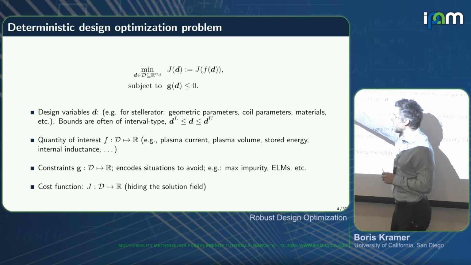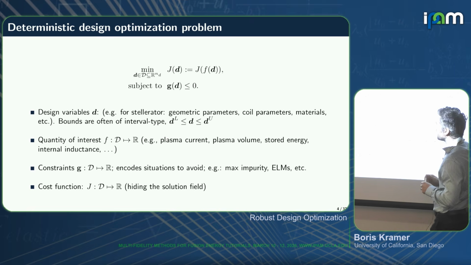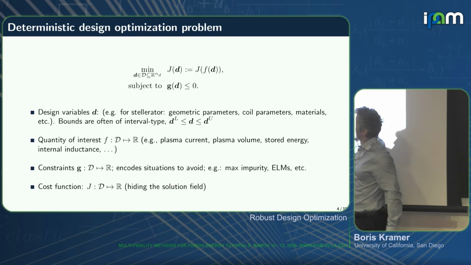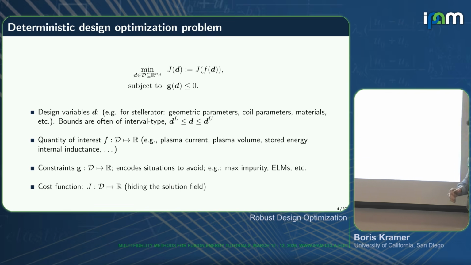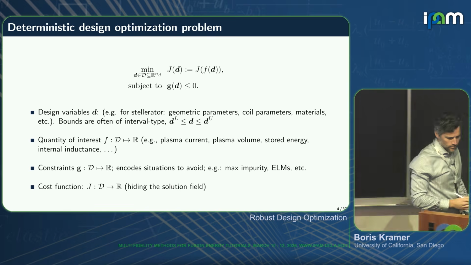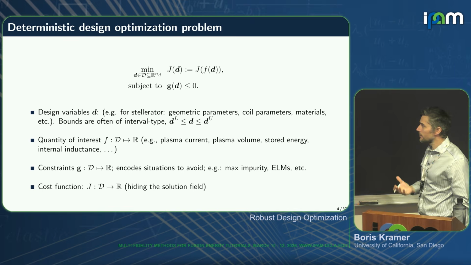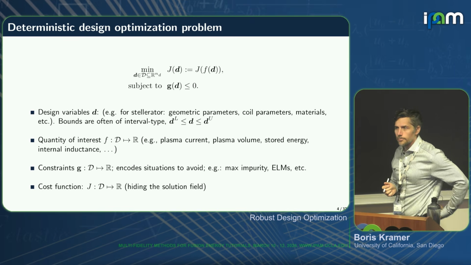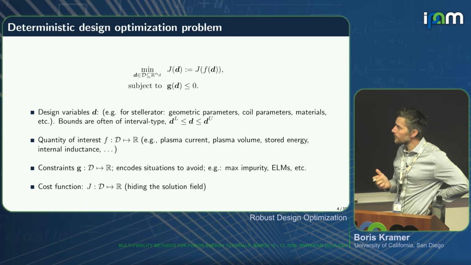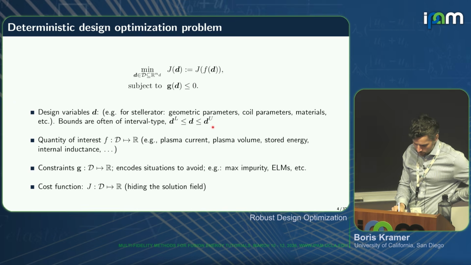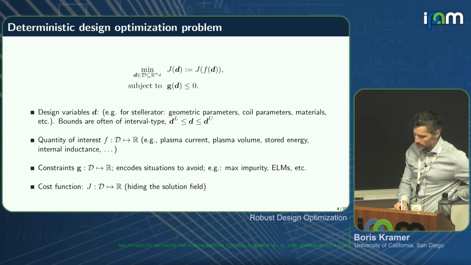Often, of course, they could be quite high dimensional, right? So those are vectors. We constrain them to be in some set of design parameters. That doesn't have to be an interval bound. It doesn't have to be a box, but oftentimes people pick boxes. They like lower and upper bounds, okay?